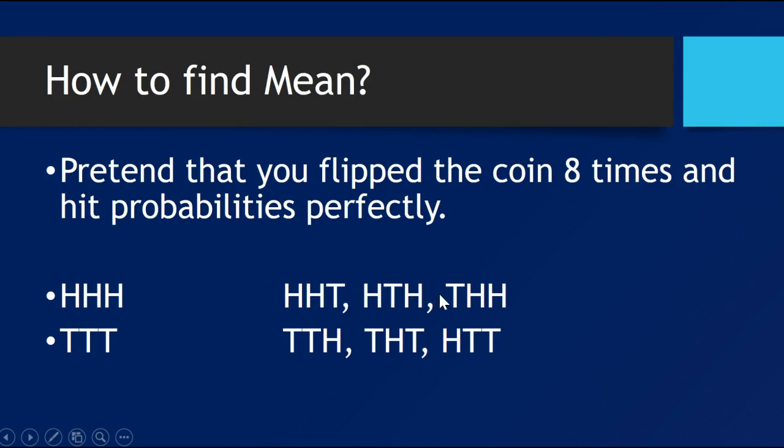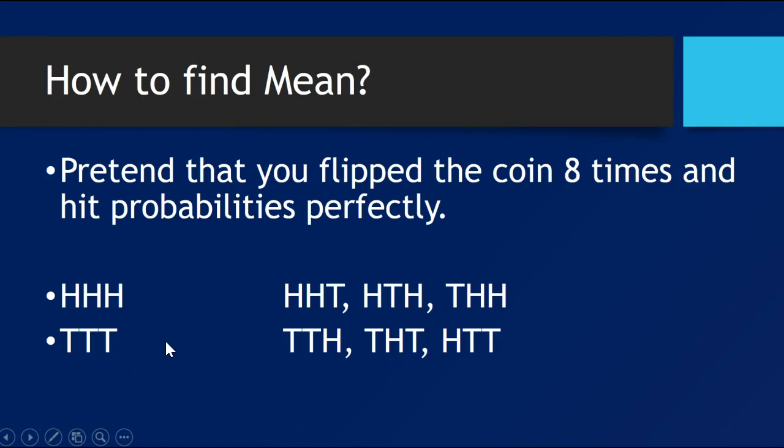Now notice that for 2 heads and 1 tails, there are 3 different sequences it could land on. The tails could come at the very end, in the middle, or at the very beginning of my sequence. Similarly, we could get 1 head, and that 1 head could come at the end of the sequence, in the middle, or at the front. And then there's only one way to get 3 tails in a row.